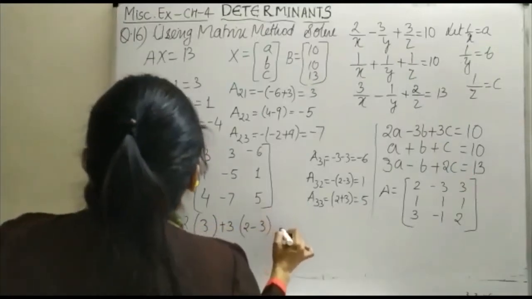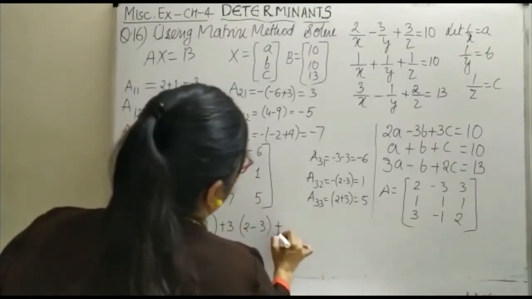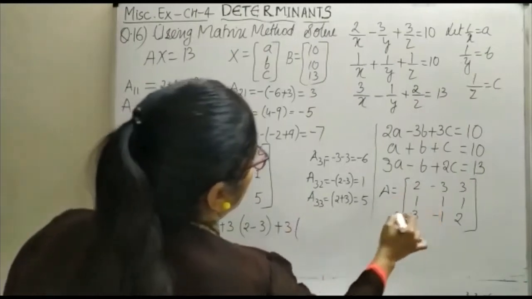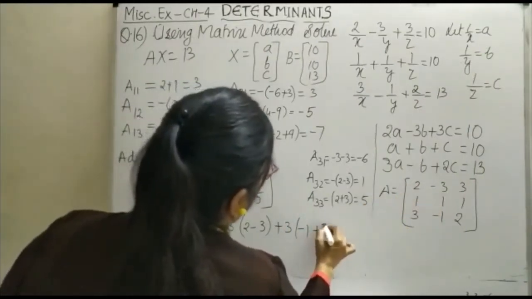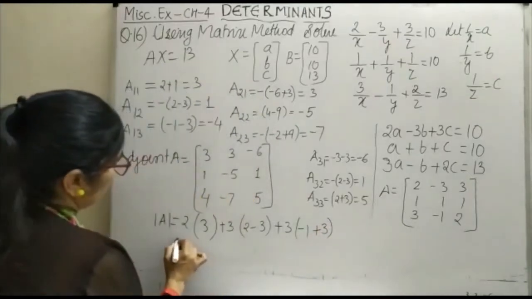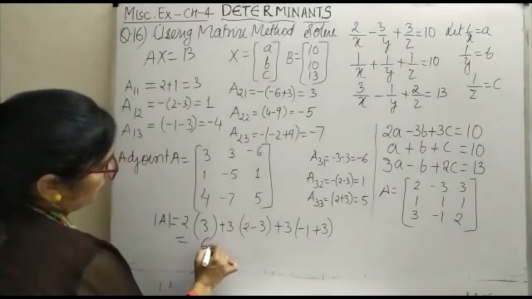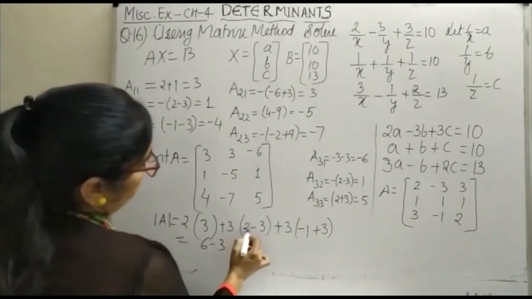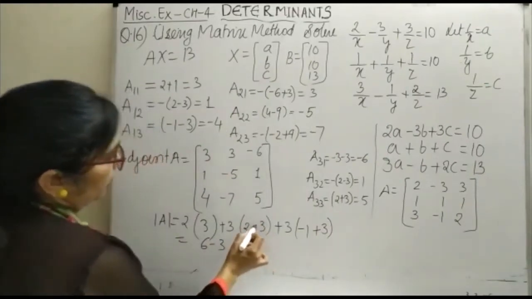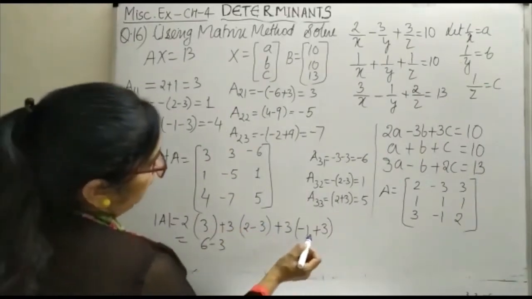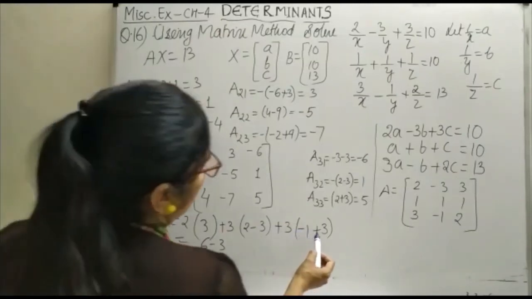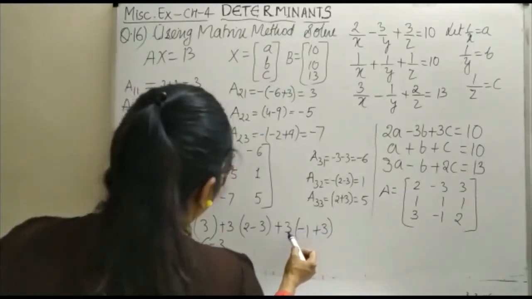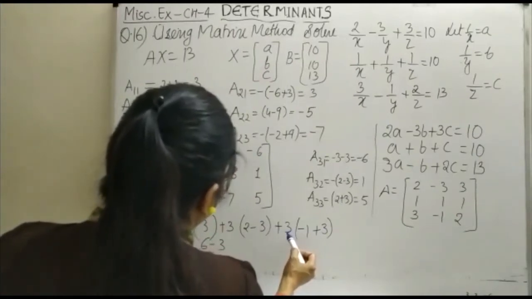Next is plus 3 into (minus 1 plus 3). So this is equal to 6 minus 3 into minus 1 plus 3 into 2, that is 6.